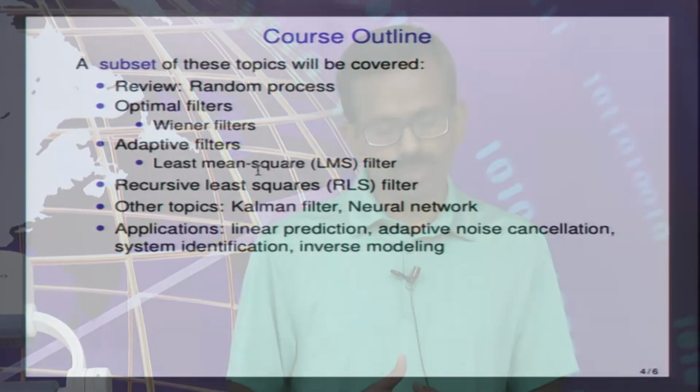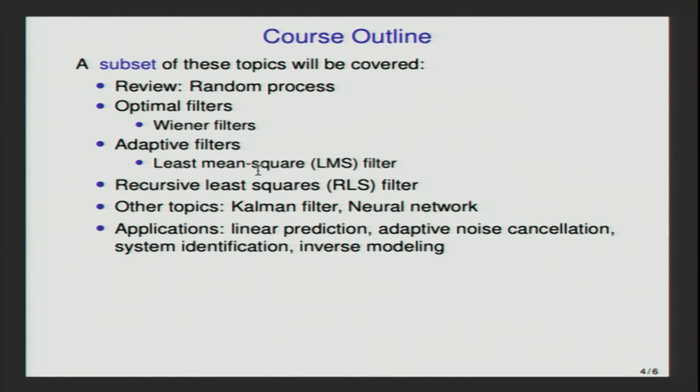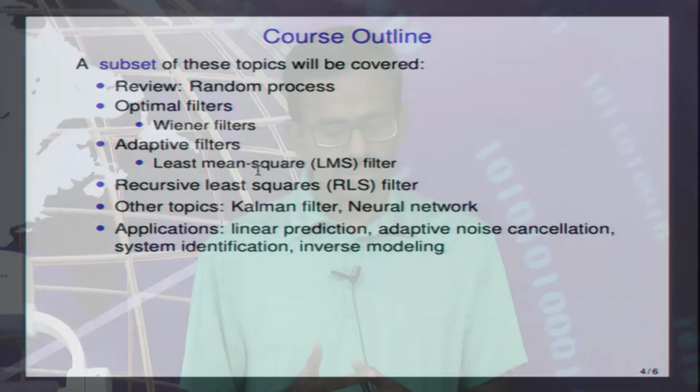With this kind of theoretical background on these topics, of course there will be examples as we go along. Towards the end, we will look at specific applications of these topics with problems which are well known in each of their own fields. For example, linear prediction in speech processing, and adaptive noise cancellation, which is very popular and used in hearing aid applications.